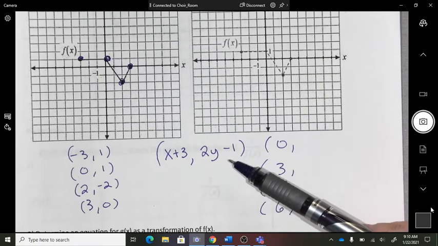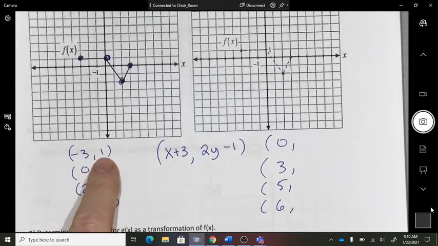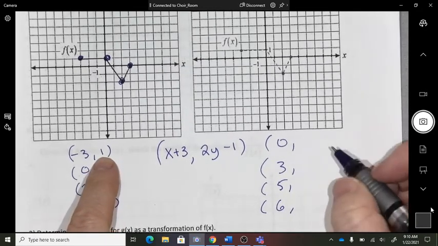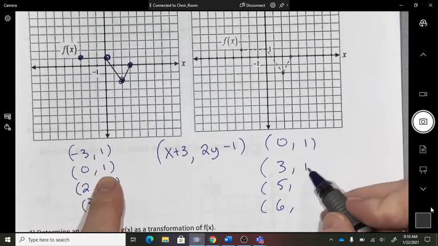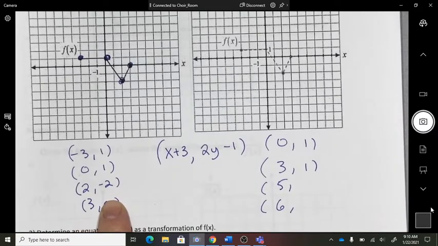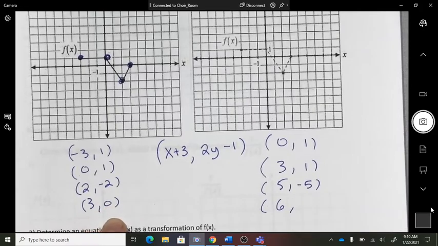So I'm going to double it and then subtract 1. So 2 subtract 1 gets me back to 1. Okay, negative 2 times 2 is negative 4, subtract 1 is negative 5. 2 times 0, and then subtract 1.